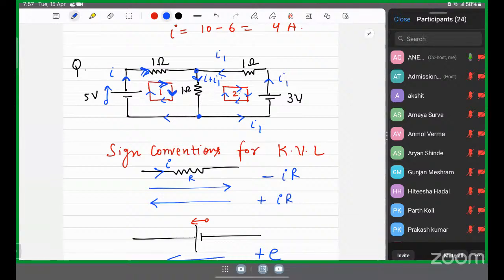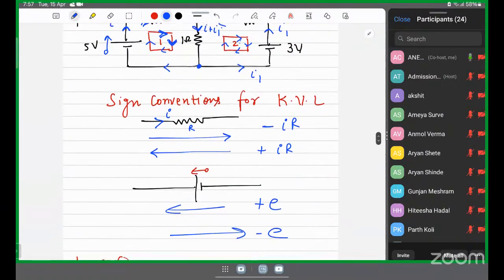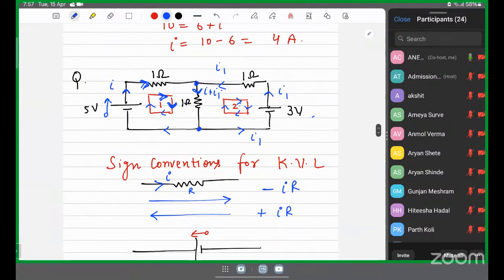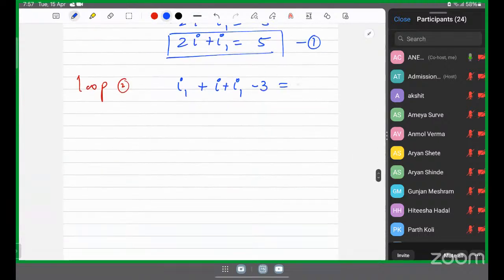Again, they are opposite, so again it will be plus. So this will be plus of I plus I1. Now, for the potential, this will be in upward direction, conventional direction is downward. So it will be minus 3 equals 0. So this will be I plus 2I1 is equal to 3, equation number 2.